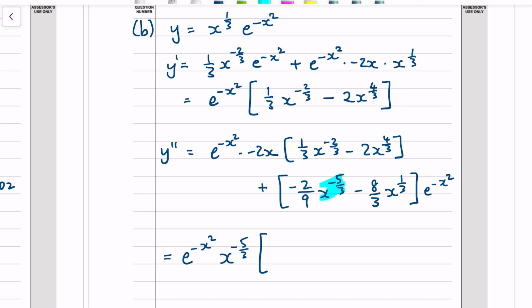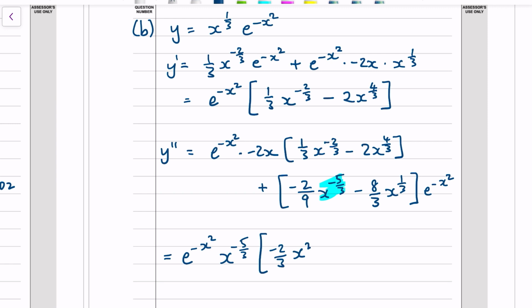What do all the other terms give? The first bracket, we've got an x outside and an x to the minus 2/3. And that's going to give x to the power of 1/3. We've already pulled out minus 5/3 in our factorization, so we need 6/3 as the power inside, 6/3 is 2, and the coefficient we want is minus 2/3.